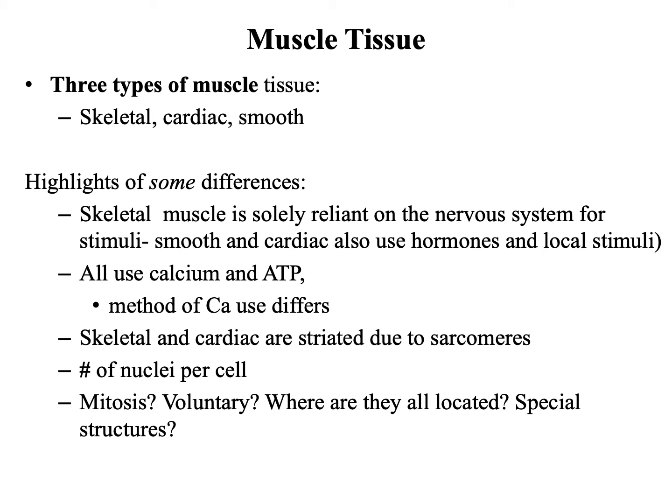You'll learn more about that in A&P 2. They all use calcium and they all need ATP. The way that the calcium gets into the cell varies between skeletal muscle and smooth muscle. And for this class, we're really going to highlight skeletal muscle and calcium. You'll learn about the other two in more detail, especially the heart in A&P 2. Smooth muscle we kind of highlight at the very end, but we really don't do much with smooth muscle.